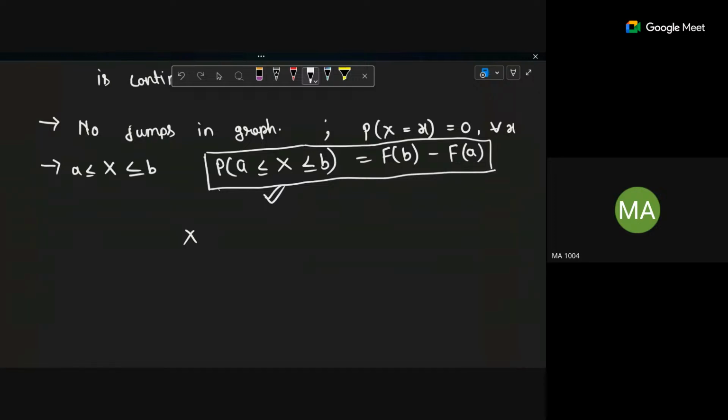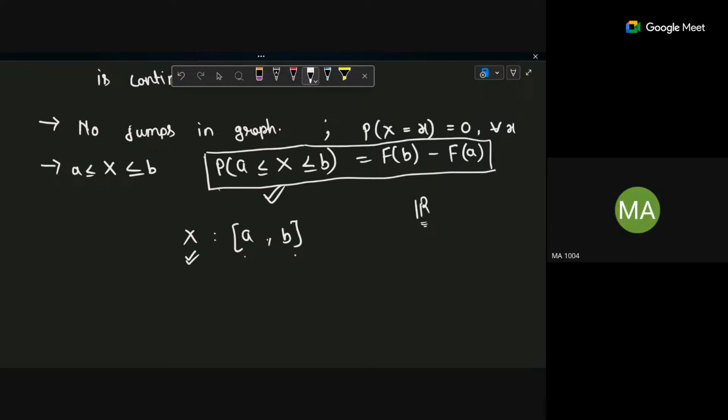This is a continuous random variable, and the range of x may be the whole of R. Out of this whole R, what is the probability that x will take values between a and b? That's what we are calculating with this formula.